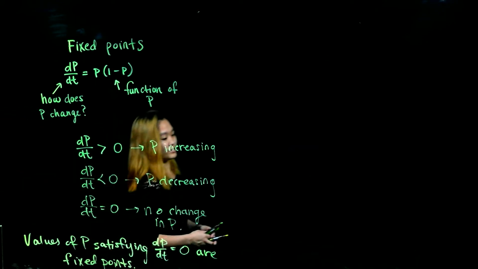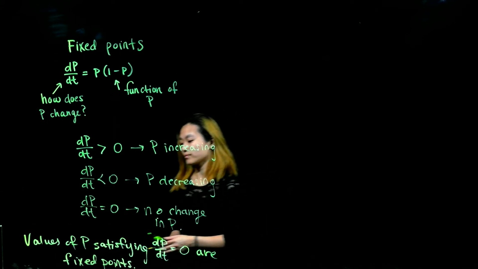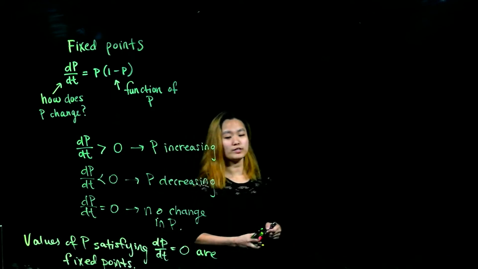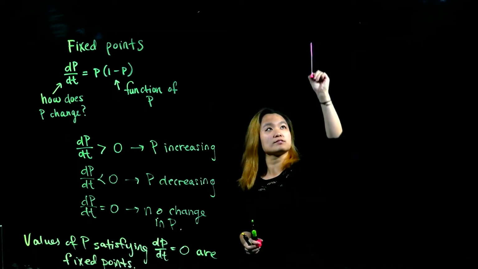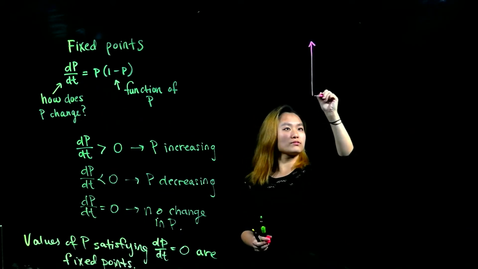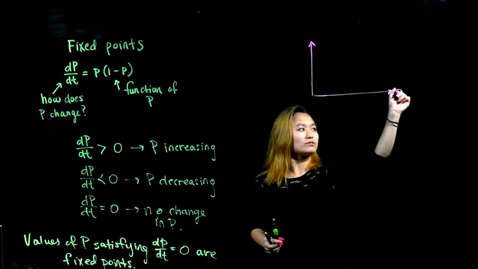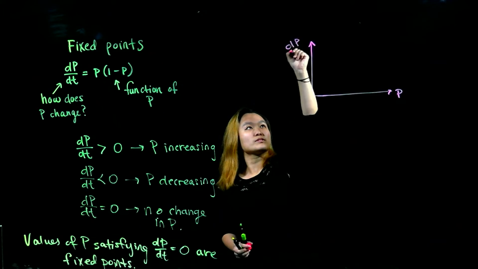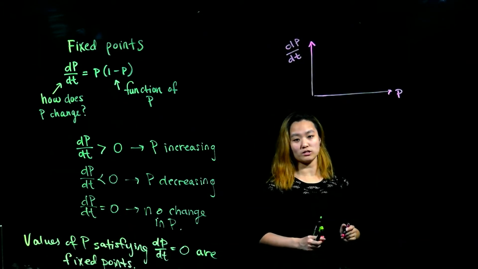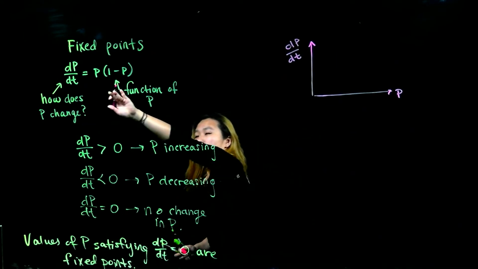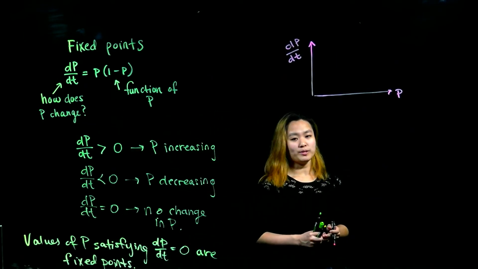Okay, so how can we interpret this system? One thing we can do is plot dp/dt as a function of p. We put dp/dt on the vertical axis and p on the horizontal axis. This is just a polynomial in p.